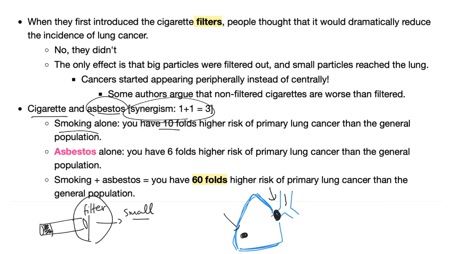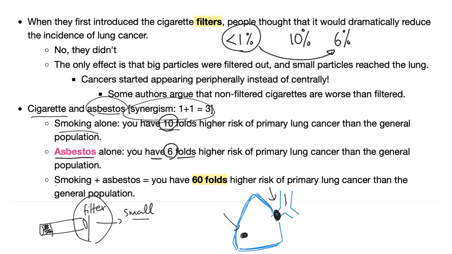Cigarette and asbestos synergism for primary lung cancer. Smoking alone, you have increased the risk by 10-fold. I've never smoked a cigarette in my life. My risk of developing lung cancer is less than 1%. Also, I don't have any family history of lung cancer. A person who smokes has 10-fold, so 10x. So, your risk of getting lung cancer is 10%. A patient who has been exposed to a significant amount of asbestos has 6x, so 6% risk of having lung cancer compared to me.